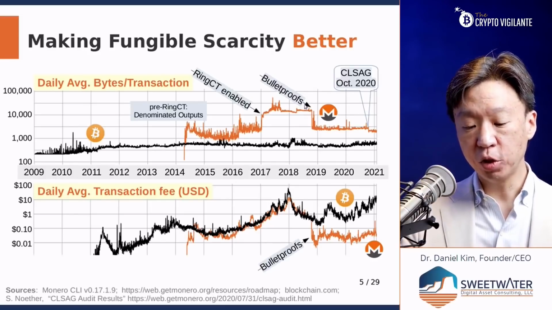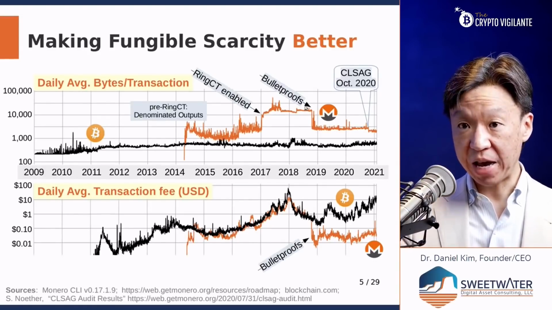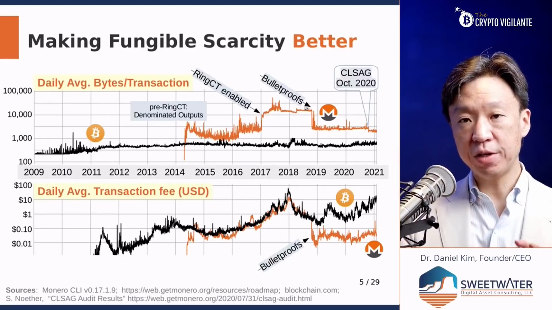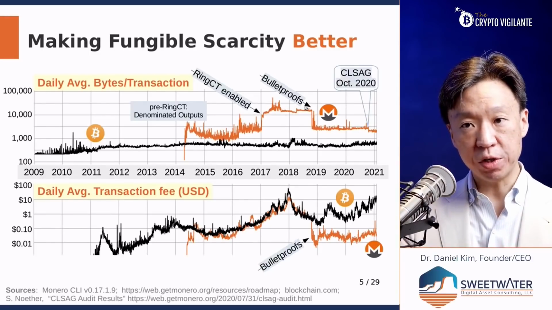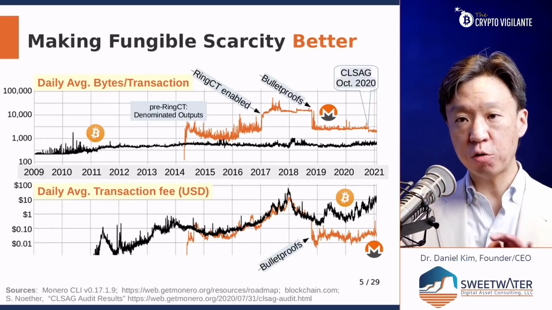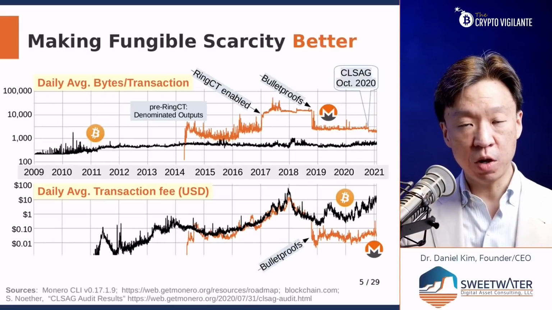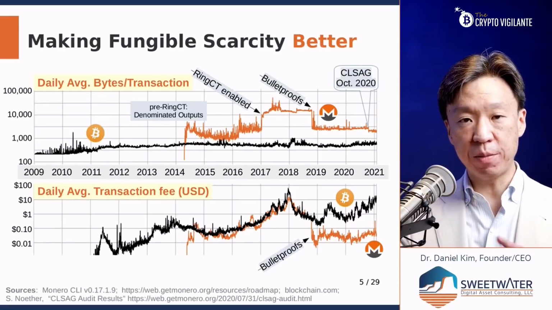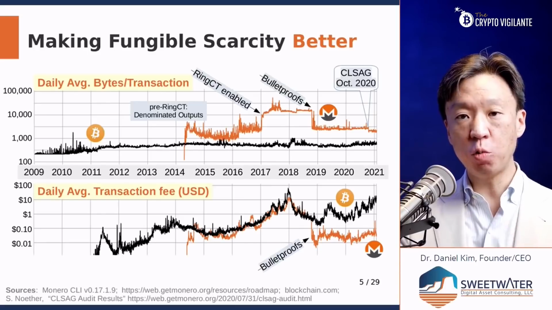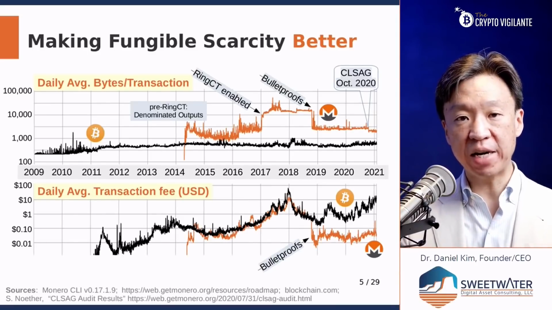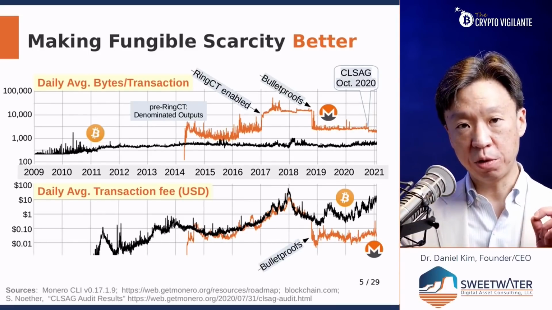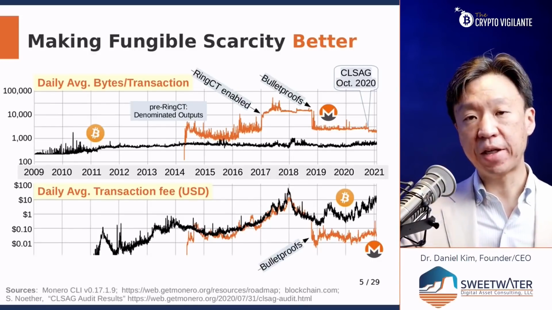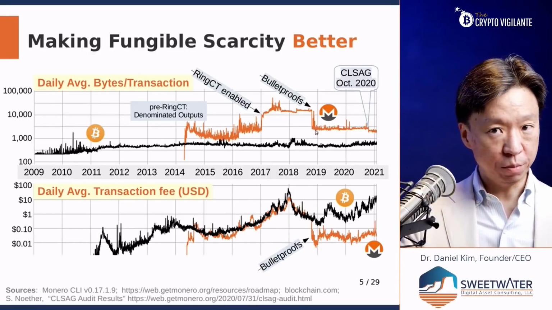Then later on, there was bulletproofs, which is basically clever mathematics, which found that, for these cryptographic proofs that we're using to guarantee integrity of the Monero system while preserving the privacy of the amounts transacted, there's a new way we can do that that takes up a lot less byte space than it used to. That went through an audit process, and after that came back, it was implemented.